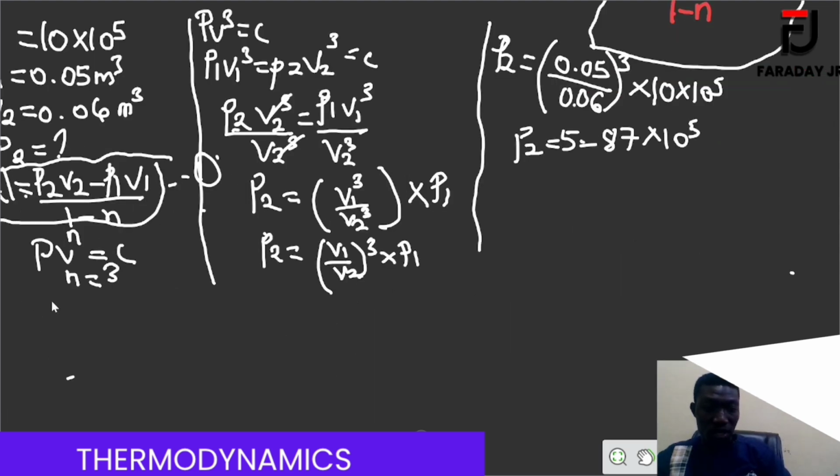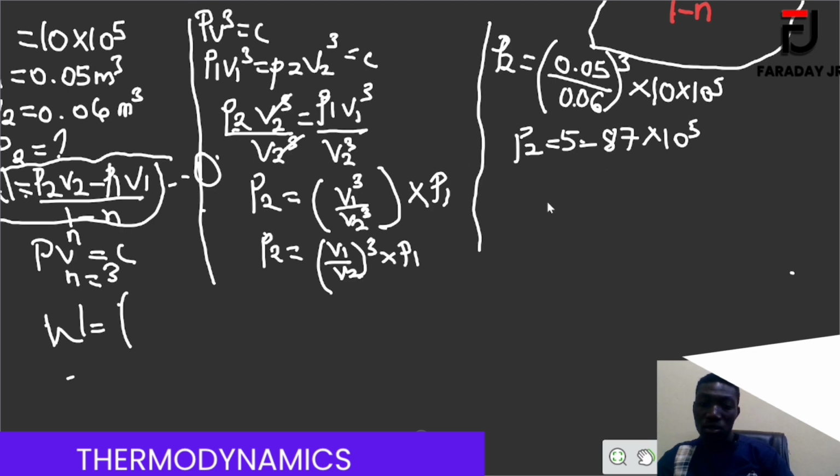From equation 1 here, we said our work is equal to P2 V2 minus P1 V1 all over 1 minus n. Now we know our P2, which is 5.87 times 10 to the power of 5 here.